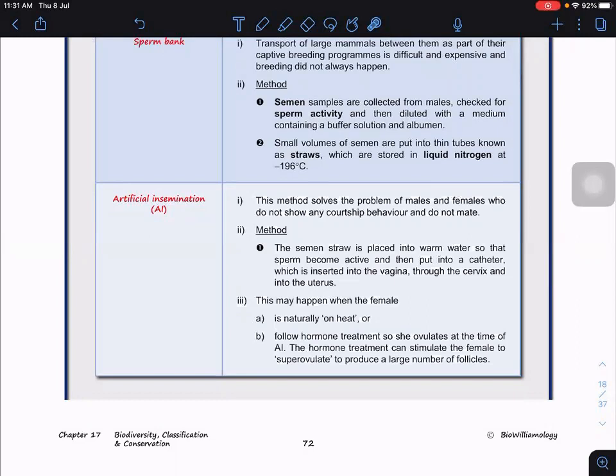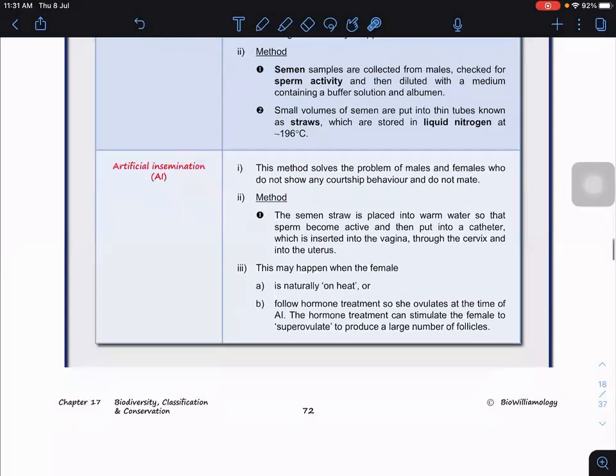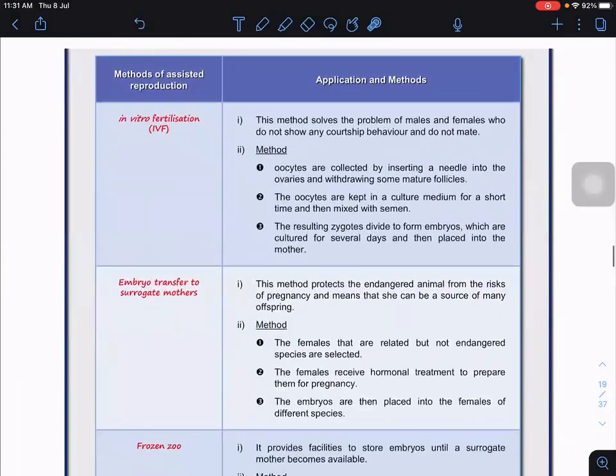If you make this last female pregnant, you worry that the pregnancy may endanger her. So instead of doing artificial insemination and letting this last female get pregnant, we can do IVF and proceed to embryo transfer to a surrogate mother.